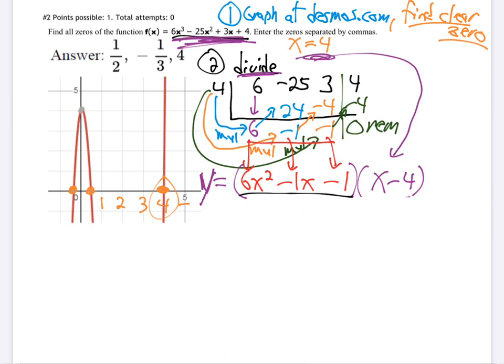Okay, now how do we break down the rest of it? How do we break down this part? It's the quad. So step 3, you do the quad. So that's going to be negative b plus or minus the square root of b squared minus 4ac all over 2a.